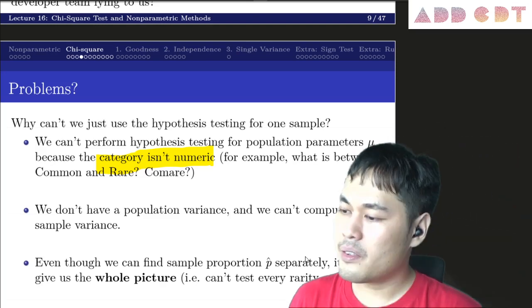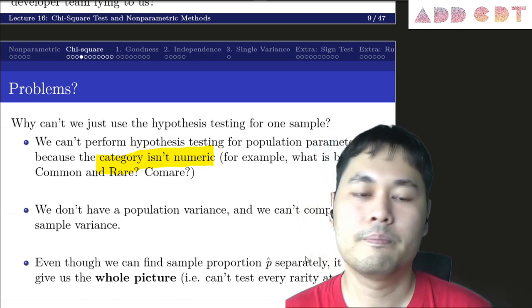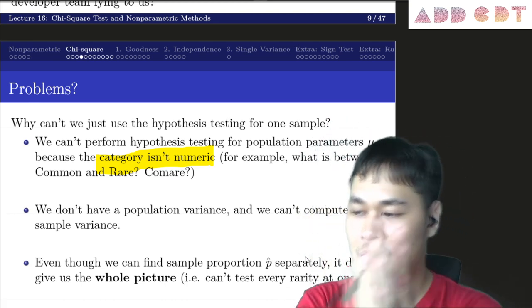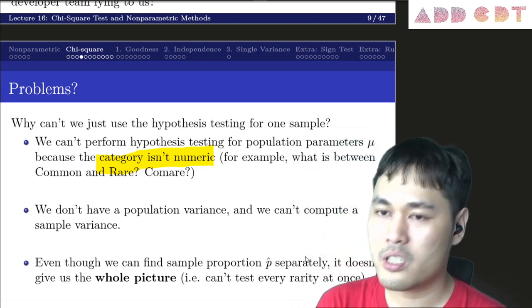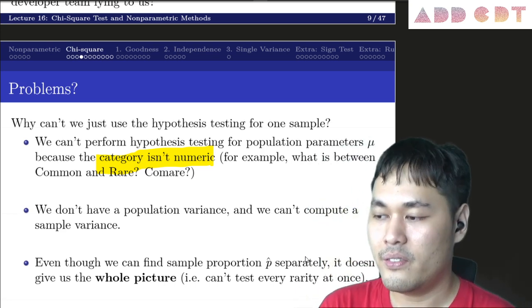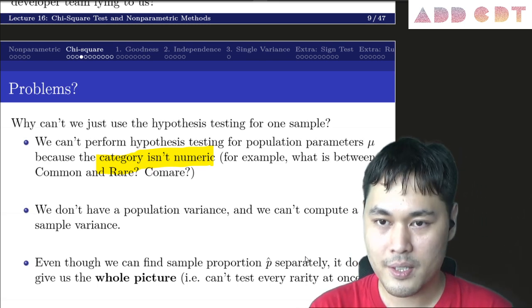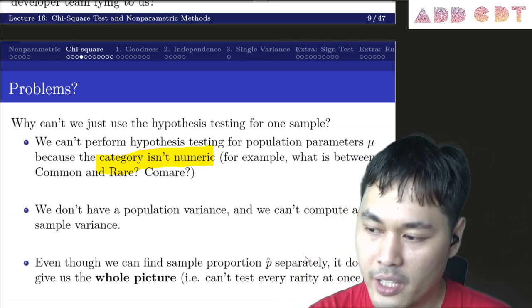And you may ask, it seems like we are talking about proportion. It's a percentage, and percentage is like proportion. So can't we just do the proportion? The answer is yes and no. Yes, you can do it, but the problem is you can only do it one by one.